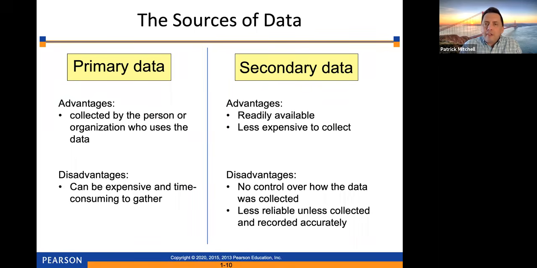So an advantage of secondary data is that it's readily available and less expensive to collect. But disadvantages, you have no control over how the data was collected, and it's less reliable unless you know that the data was collected and recorded accurately. So a couple things to think about when you're trying to decide whether to use primary or secondary data.